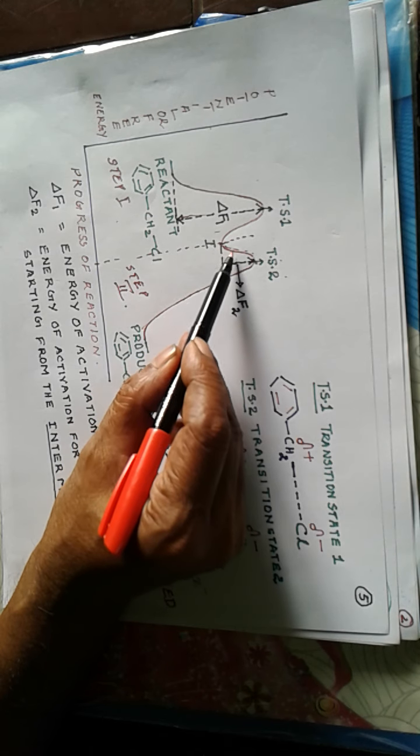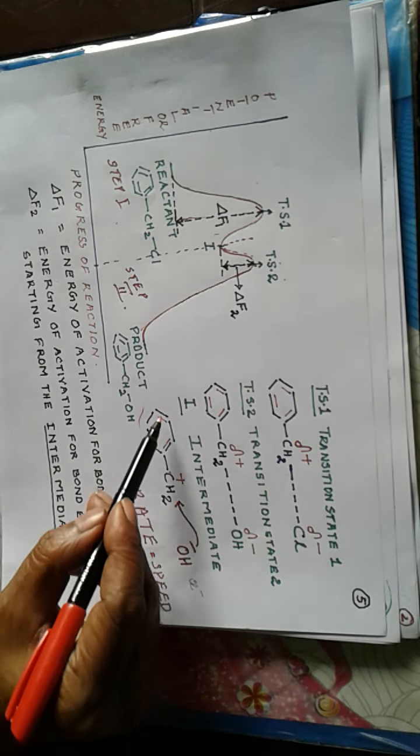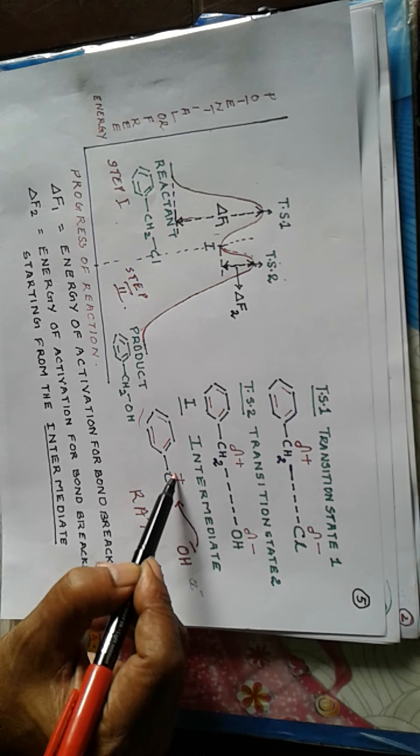So this increase in potential energy shown from the intermediate is due to the decrease in the resonance possibility of the benzyl part. The resonance of the benzyl part is decreased because the magnitude of the positive charge here is getting diminished. So resonance gradually decreases, meaning potential energy gradually increases.